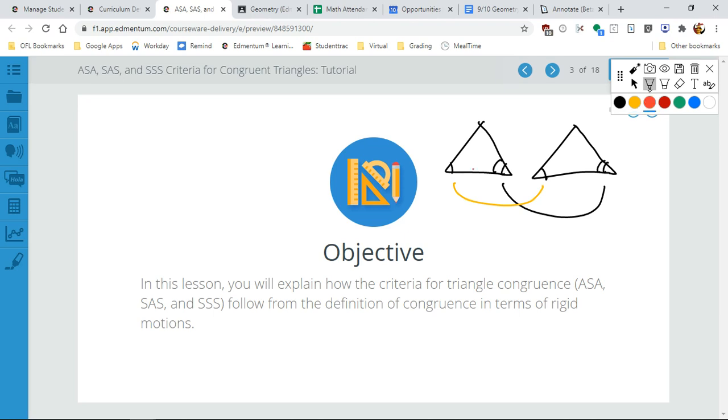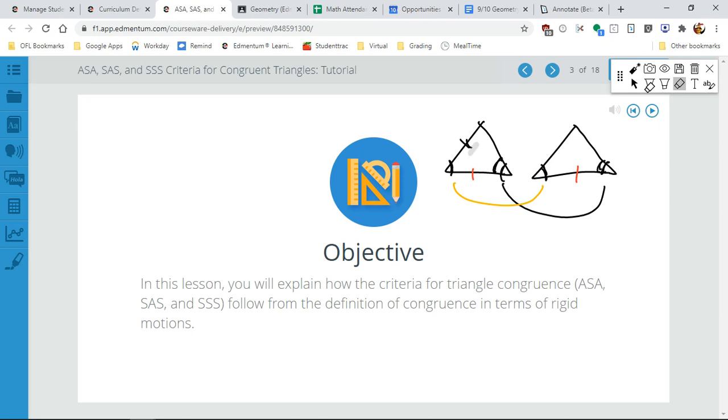And we also have an angle in the middle that's congruent to each other. If you see one of these marks, it just means that the ones with one mark are congruent. If you see it with two marks, that means all the ones with two marks are congruent. And the same thing with these. If you see a double mark and a double mark, that means those are congruent.